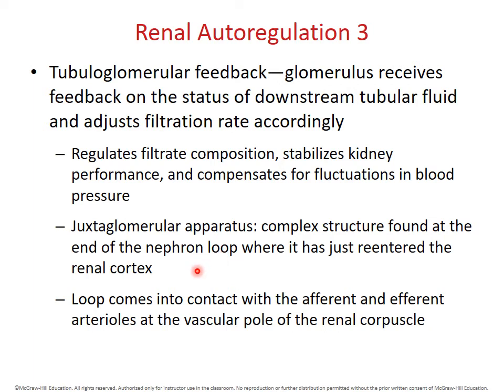At that point, surprisingly, the tube comes back into very close contact with the glomerulus and the afferent and efferent arterioles. So in most diagrams, the distal convoluted tubule is very far away from the glomerulus. But that's really not accurate.